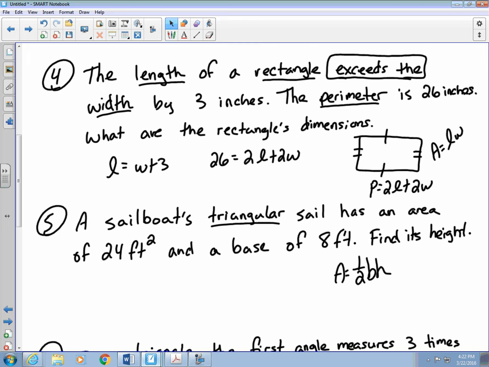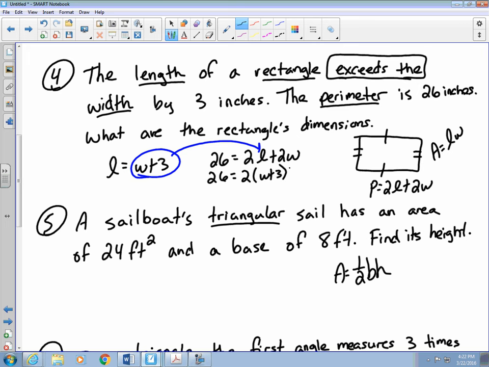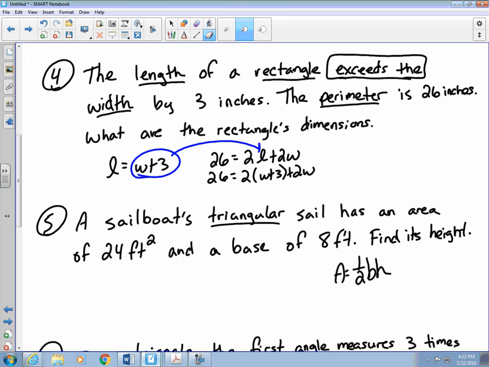So this gets into the substitution. Since L is isolated, I can just plug that in for L, and then I can solve for W, because I will have an equation. I can solve that for W, and then I can substitute that back in to figure out the length. So I distribute. First rule, you want to combine and simplify everything.